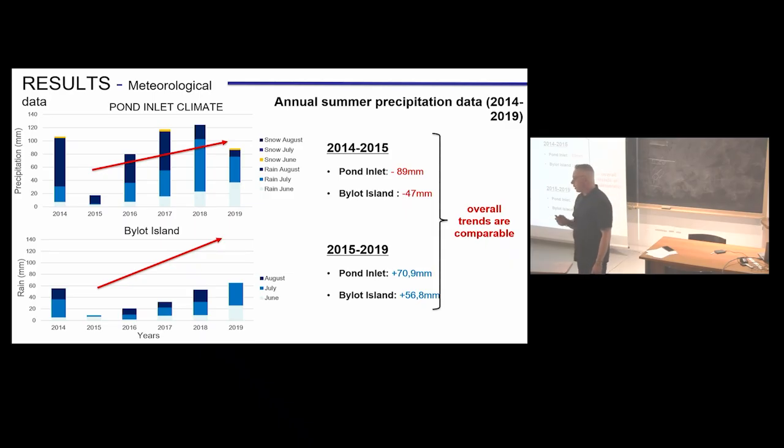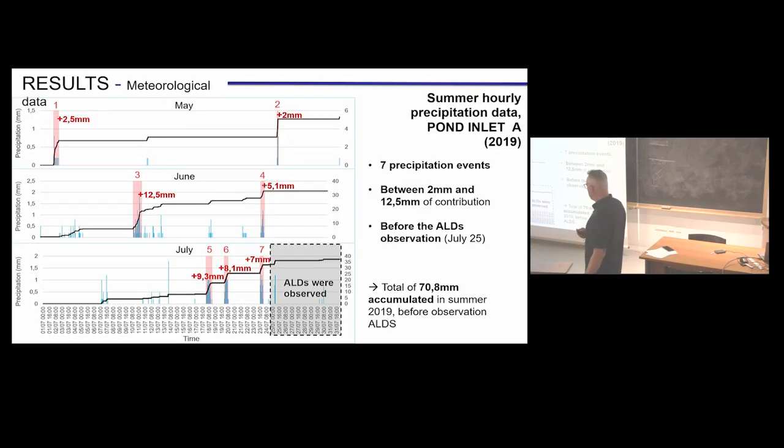So we had a lot of rain, and it preconditioned for the thawing. So we have just no big rain events. In May, almost nothing. In June it starts, but then in July, the infiltration of that water created a lot of heat transfer to the soil. And this is when we observe the active layer slides.